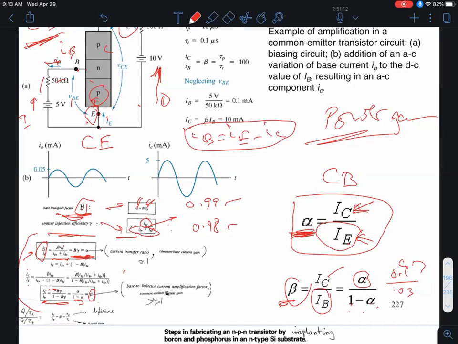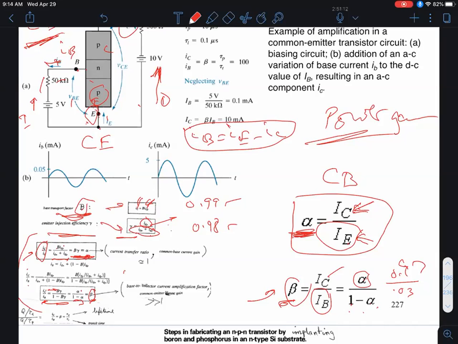By using Kirchhoff's current law. So with that, algebra 101, you'll see beta works out to alpha over 1 minus alpha. Alpha is a number that's close to 1, say 0.99. Then we see that beta can be close to 100, if that's the case, okay? So you can get a lot of current gain.